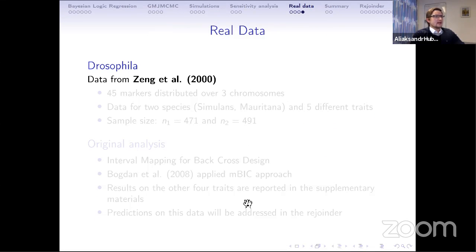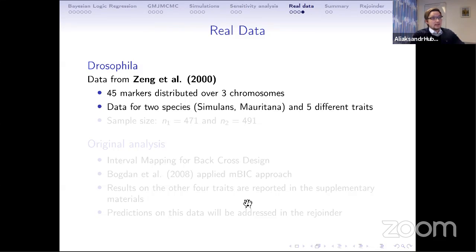We also addressed a second data example based on the Drosophila data from Zenk and others, which had 45 markers distributed over 3 chromosomes. These data had data on 2 species, in particular Drosophila simulans and Drosophila mauritiana, and 5 different traits. The sample size for the first species was 471 observations, and for the second species was 491 observations.